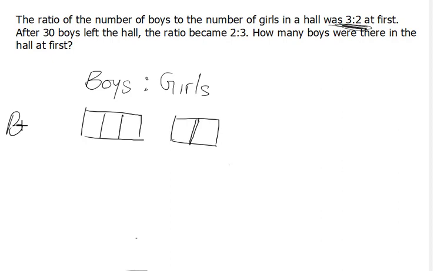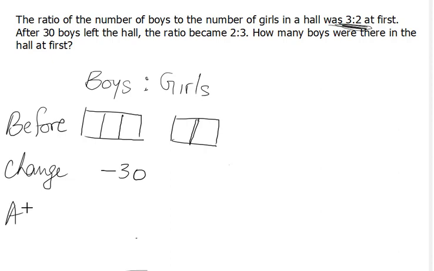And this is before, and there was a change in between. So what happened is 30 boys left the hall, so minus 30 here. There is no change in here, right?